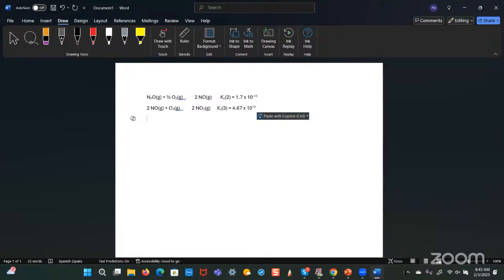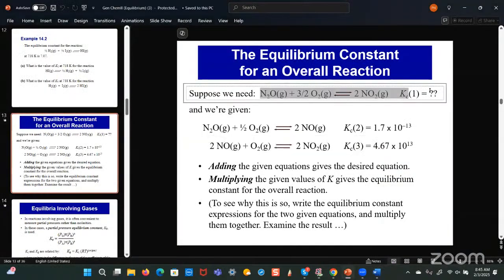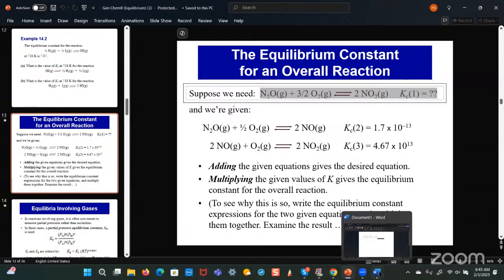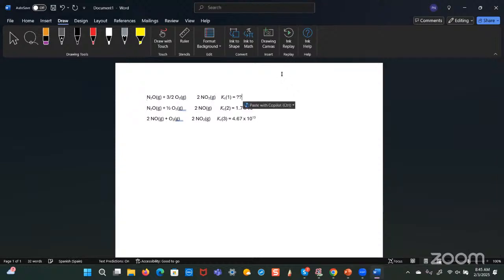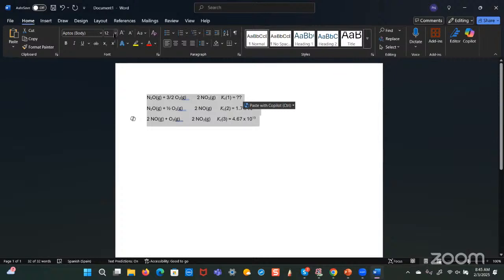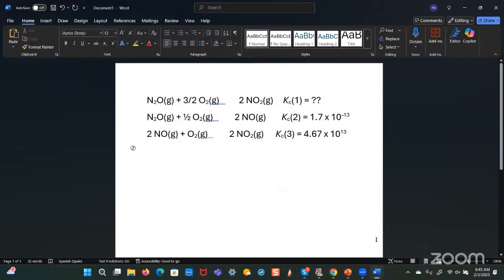And then the equation for which you're trying to find Kc, I'm going to copy that as well, and put that above.